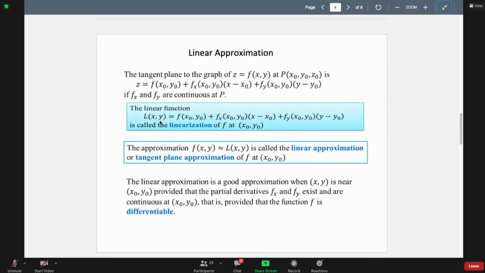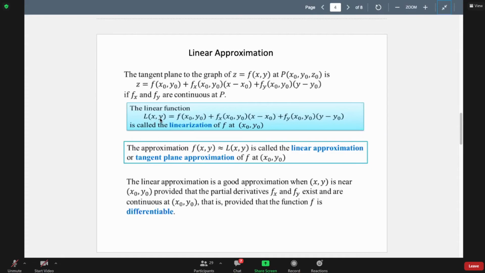It is called linearization, or linear approximation, or tangent plane approximation. Those are synonyms. You may get any of those terms on the web work, sometimes they will use one term, sometimes another. So be aware of this. There are 3 different names for the same thing.